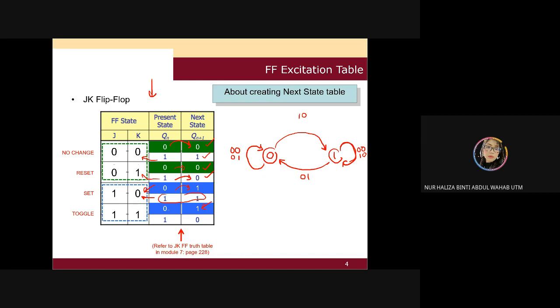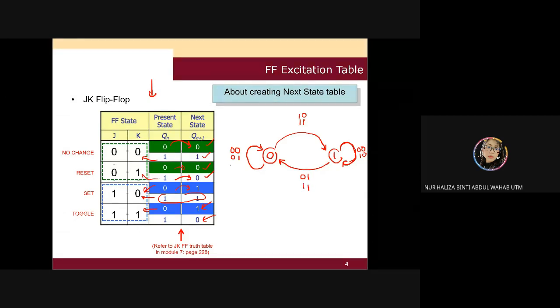After that, we have here 0, 1. 0 goes to 1. The condition is 1, 1. And lastly, 1, 0. 1 goes to 0 and it will be 1, 1 here.